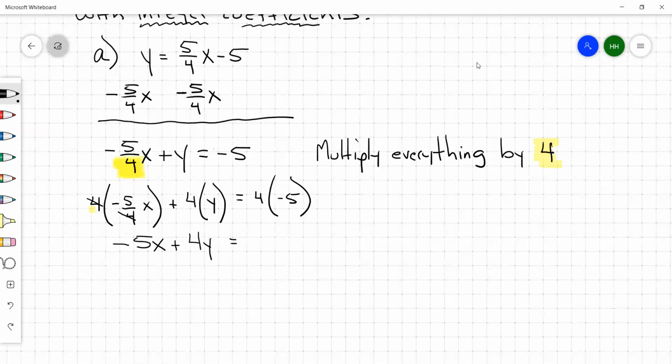And then you got your 4 times negative 5, and that's equal to negative 20. So there's your equation in standard form with integer coefficients.